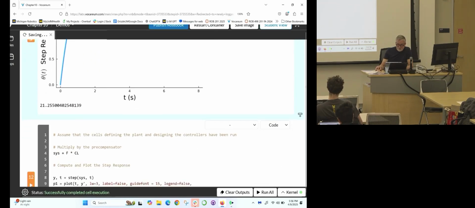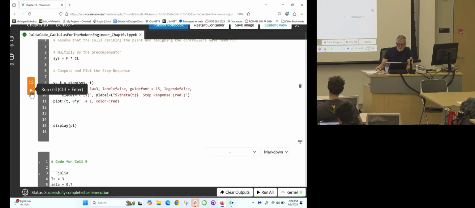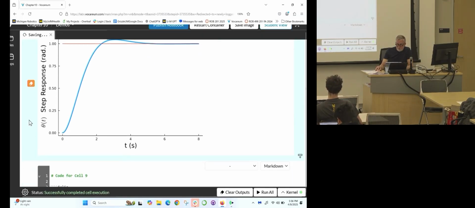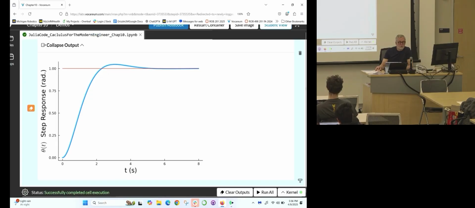Okay, so that's what we get without the pre-compensator. And now we've got it, okay? Now we've got exactly the 5% overshoot, and the settling time is about 3 seconds, okay?